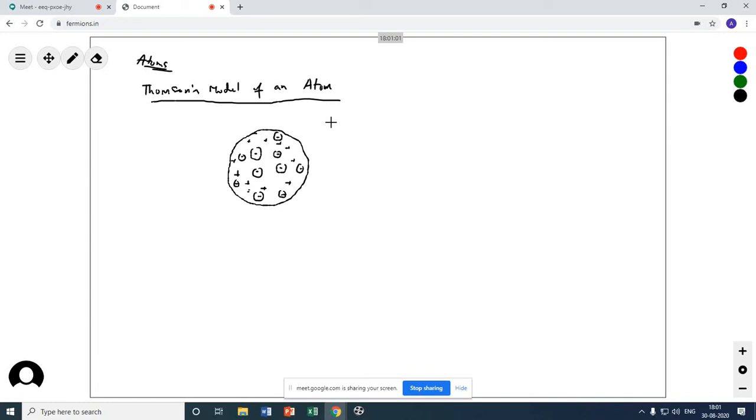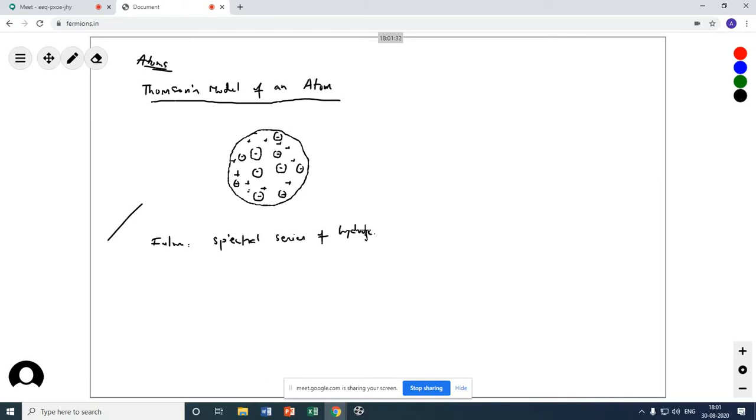But this theory is a complete failure. How is it a failure? It cannot explain the spectral series, the different spectral lines of hydrogen.